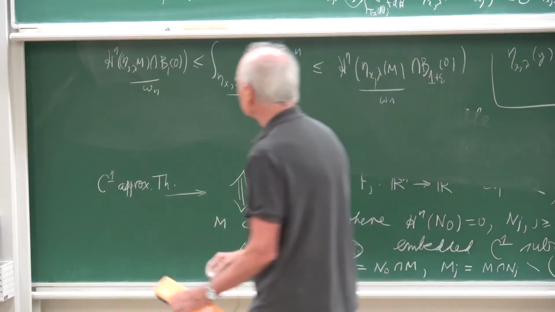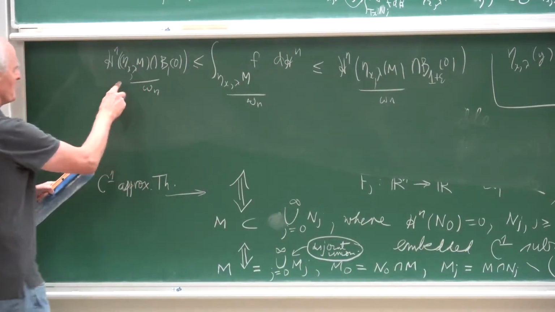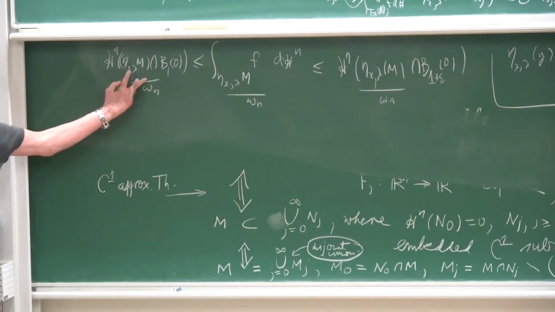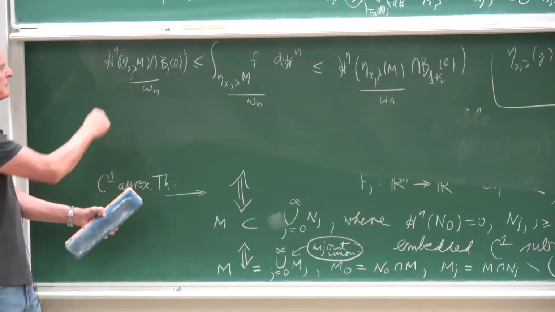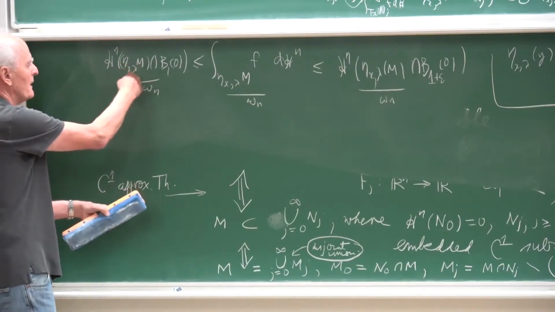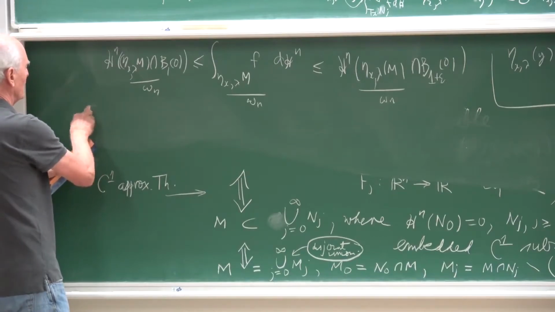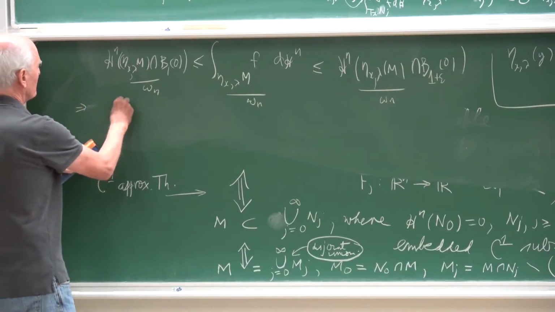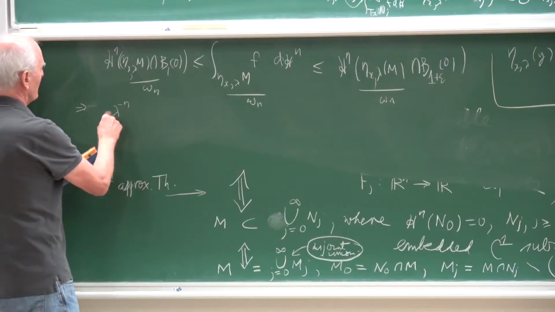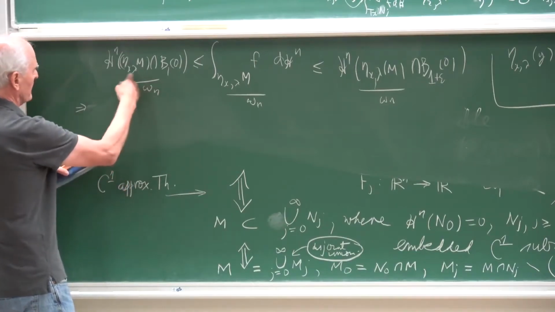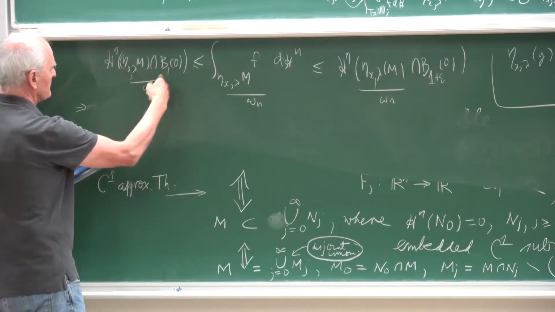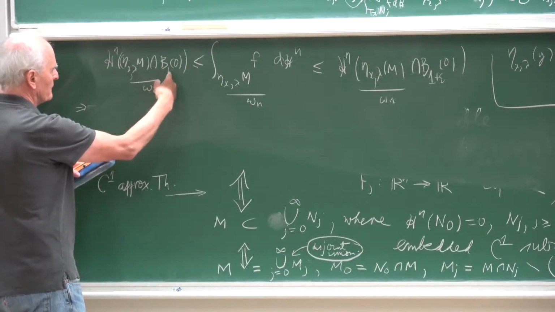And now we just use the scaling properties again of Hausdorff measure, as I mentioned before. Remember, this scales like lambda to the minus n. So you get a factor lambda to the minus n, and you translate x to the origin, and the unit ball becomes the ball of radius lambda.